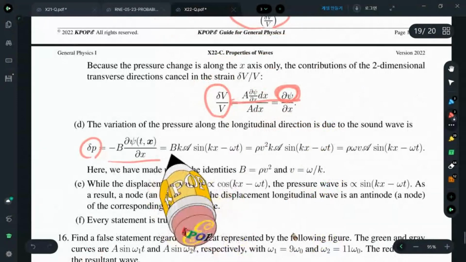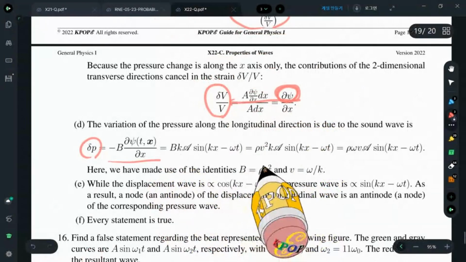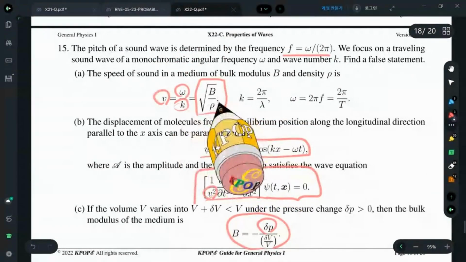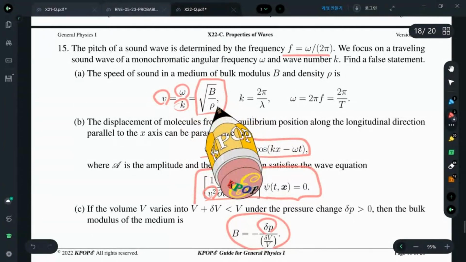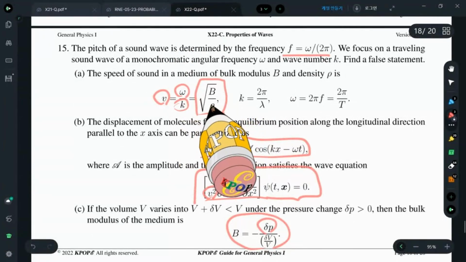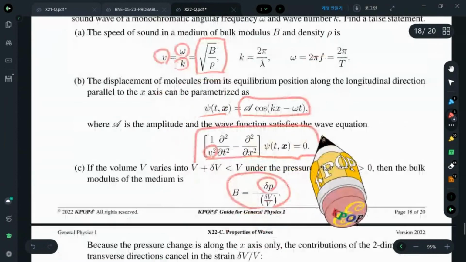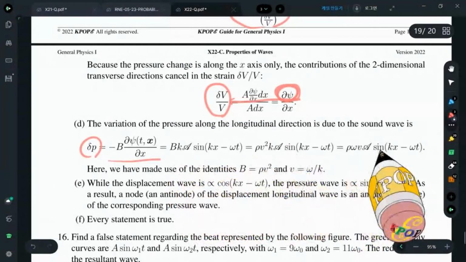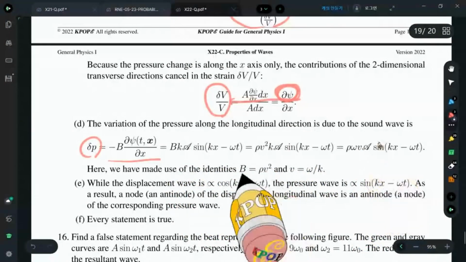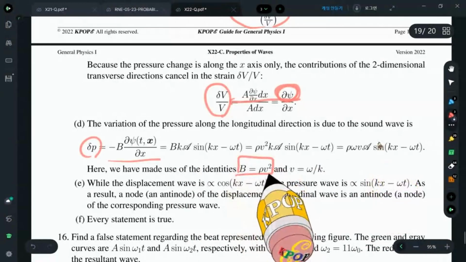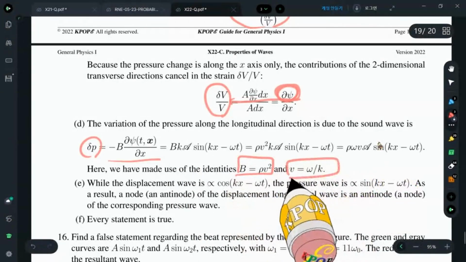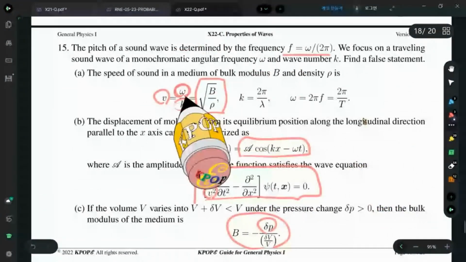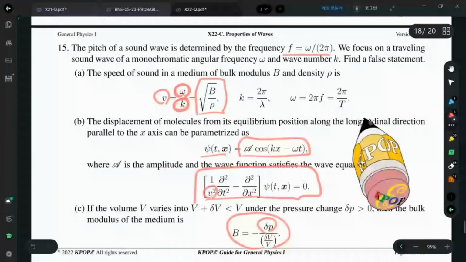As a result, this bulk modulus, according to our previous calculation of the bulk modulus relation with the air density, the volume mass density of air molecules, and the speed of sound, we can substitute those values to find that one. Here, bulk modulus is to be replaced with rho v squared, and the speed of sound is expressed in terms of the ratio of the angular frequency and wave number.